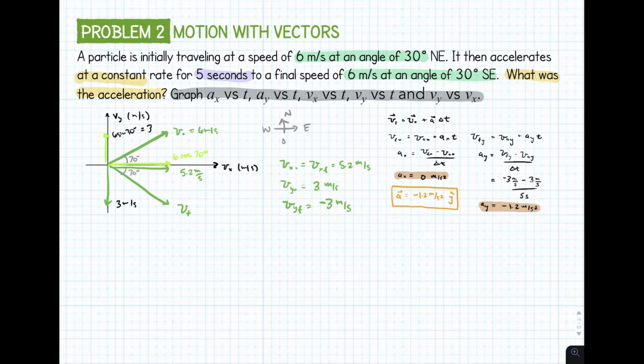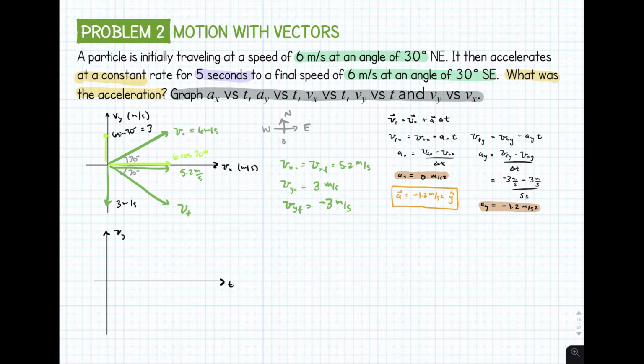Okay, so if we want to draw all these graphs, we can find the different components of velocity. So in the y direction, we're changing. So in the y direction, let's say we do velocity y versus time.